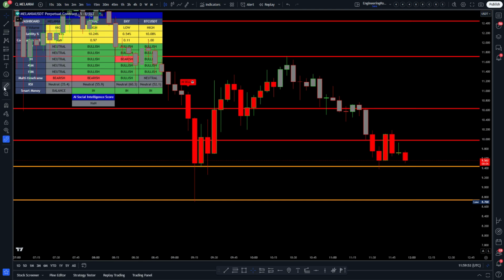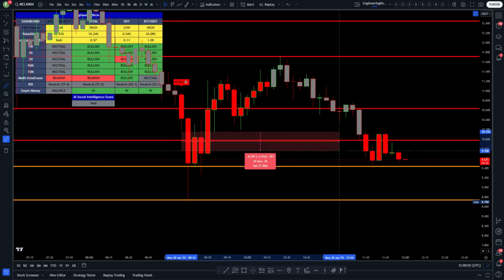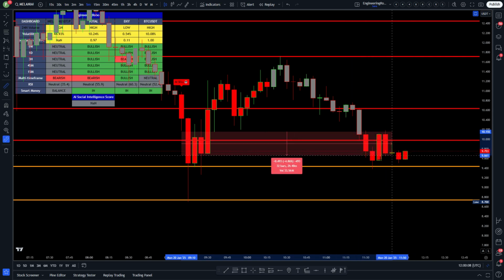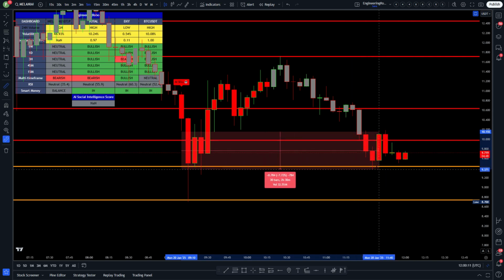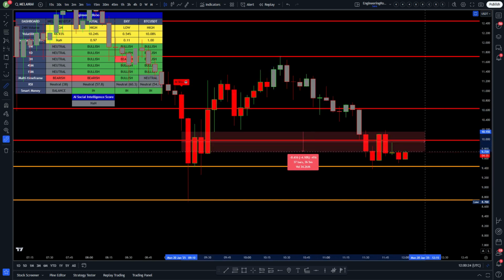But yes, right now the indicator has printed an AI sell signal at 9:10 this morning UTC time, and had you entered at the time when the signal was printed, you could have got a 7% win, or if you were going to quickly close it as a short scalp, that's a 13% gain there. Right now, in terms of where price is and where the signal was printed, that's still a 4% increase if you were to short it.